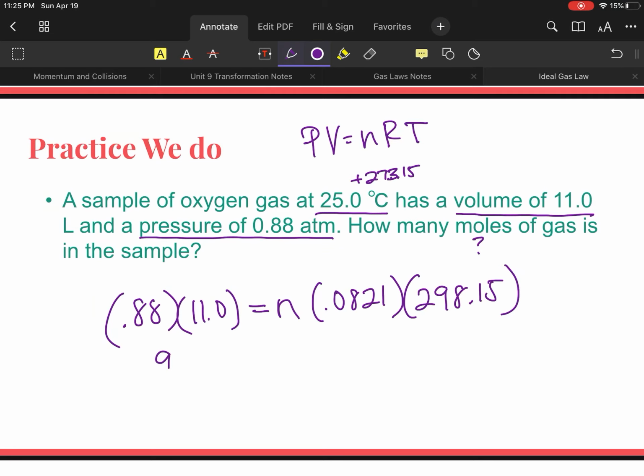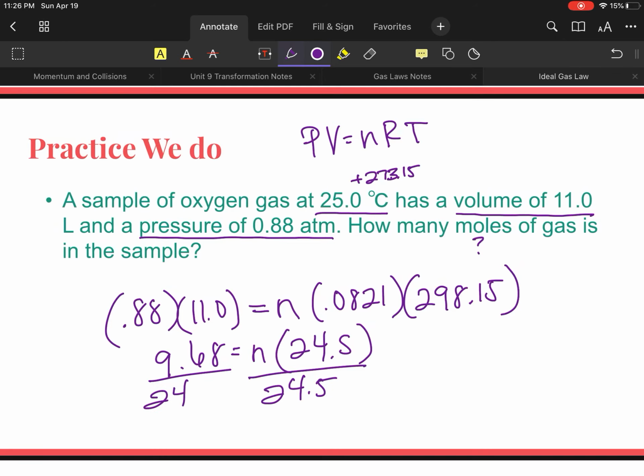Here, if I multiply out, I get 9.68 equals N times 24.5. Then I can divide by 24.5 to get N by itself.